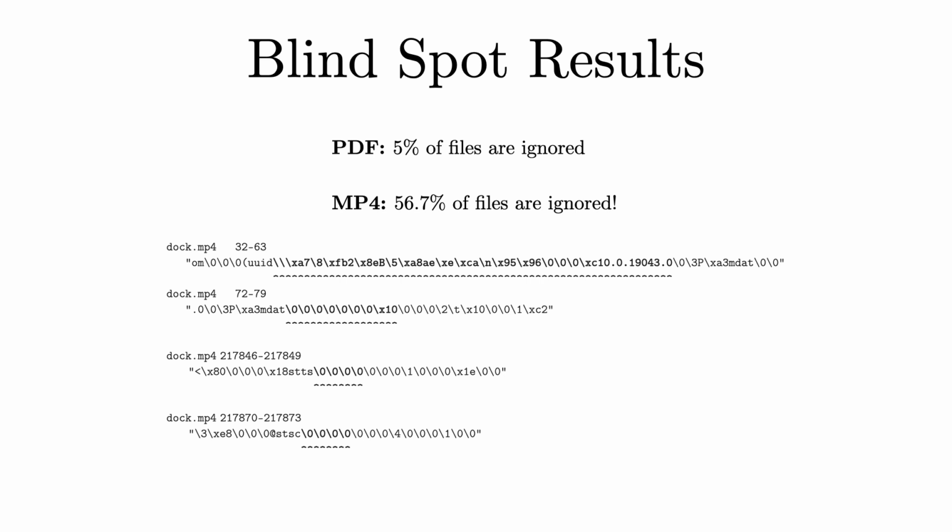We also did an analysis on MP4, the video streaming format, and discovered that it has a significant number of blind spots. Our intuition behind that is that streaming formats, video formats, inherently have a lot of data redundancy to account for data loss on the wire. So a lot of this ends up being ignored if the file is being streamed at a high bit rate.